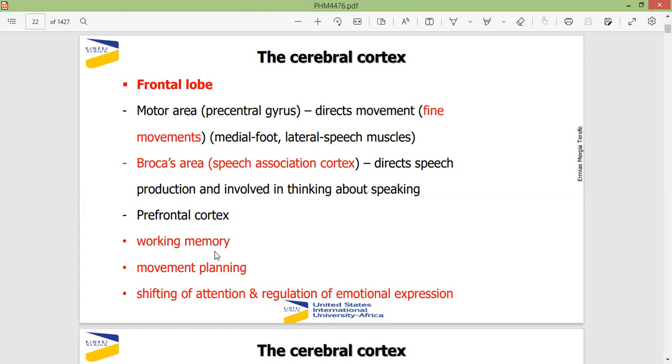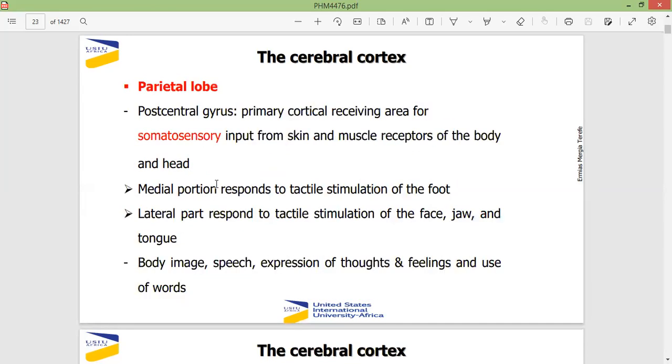Also found in the cerebral cortex is Broca's area, which directs your speech and is also involved in thinking about speaking. In short, it is involved with speech, right?